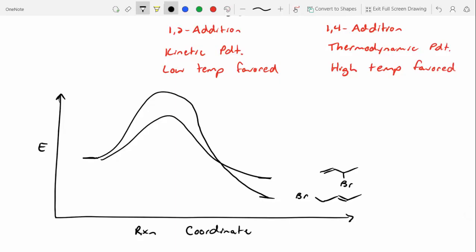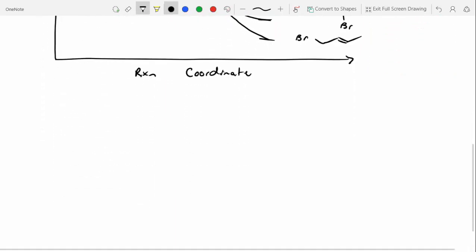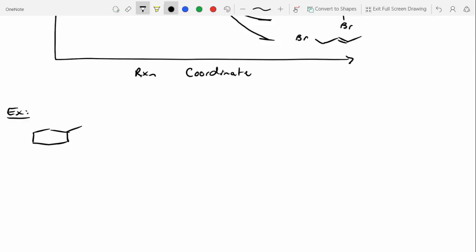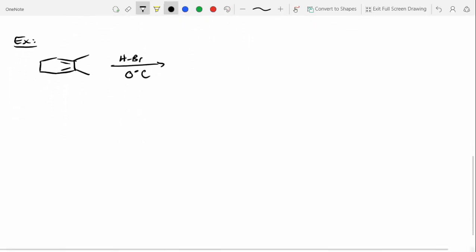Okay, so let's do some practice. We're going to run this one in ice water, so 0 degrees Celsius. I consider that pretty cold.